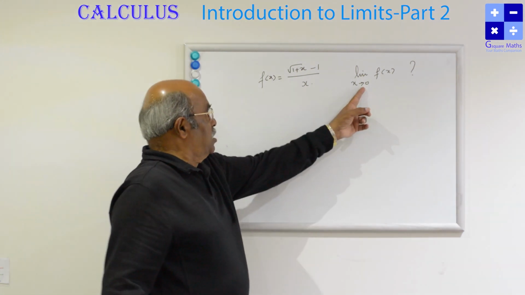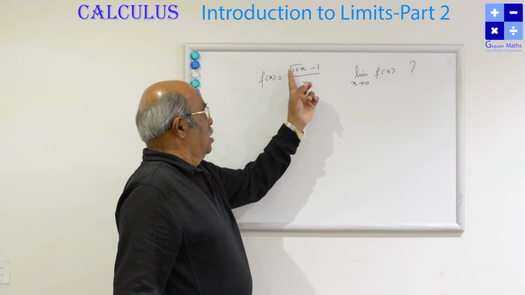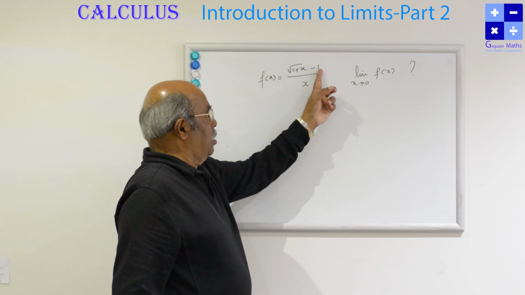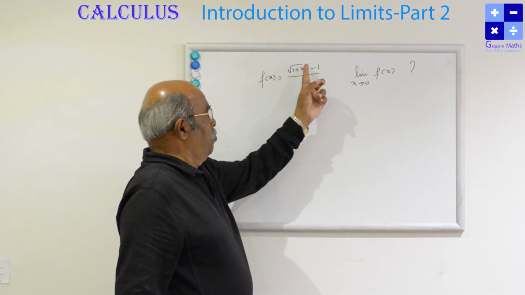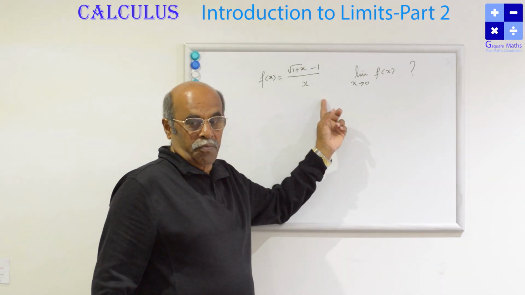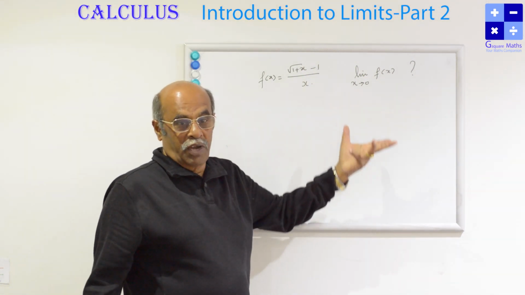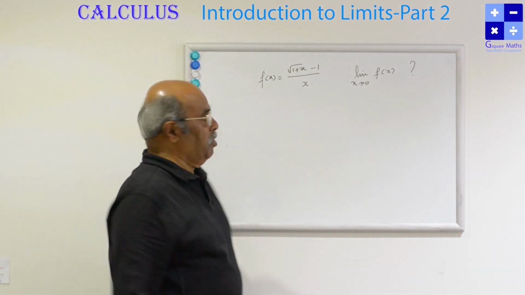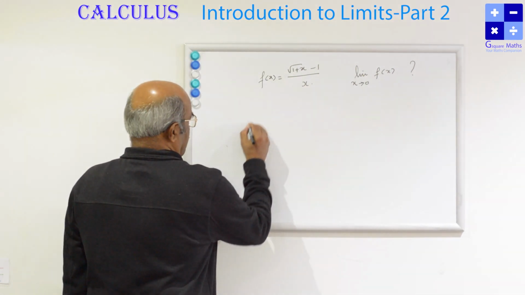If you substitute x is equal to 0 in this, it is coming root 1 minus 1 by 0, minus 1, it is 0 by 0, indeterminate form. So how to evaluate this? Now we have to rationalize this.